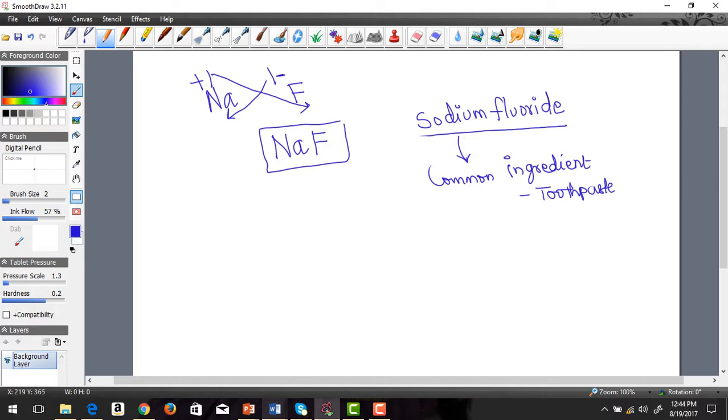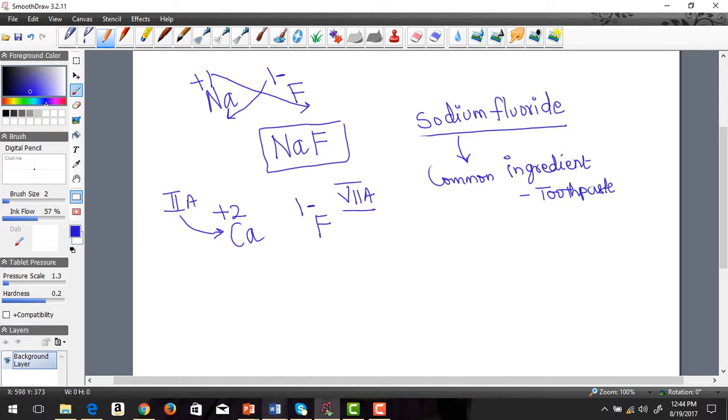Let's take, say, calcium. Calcium is in 2A, so it's a metal and it can only lose 2, so it's 2 plus. And fluorine again is in 7A, so it can only gain 1 more, so it's 1 minus.